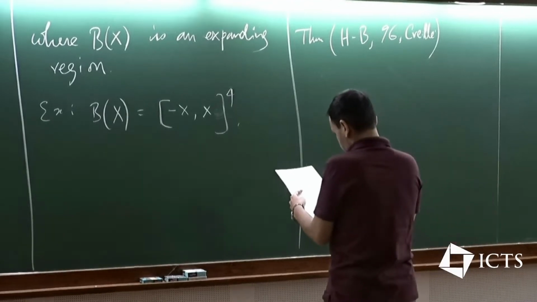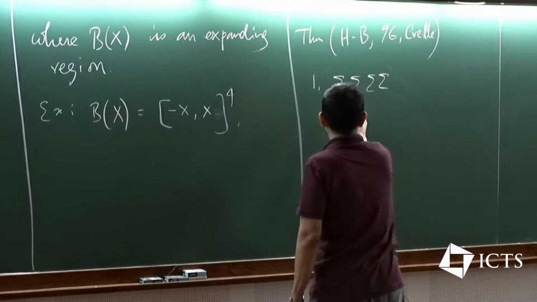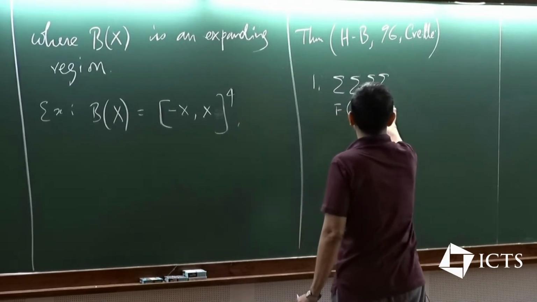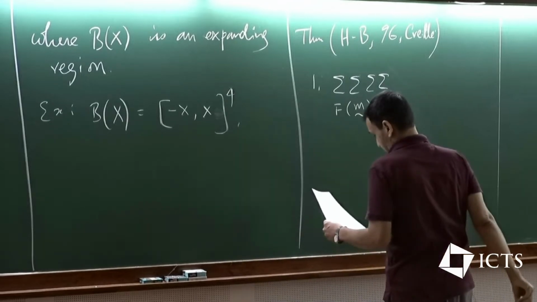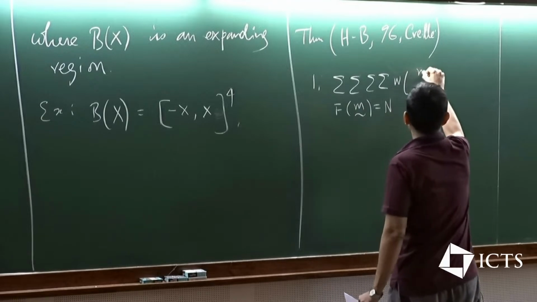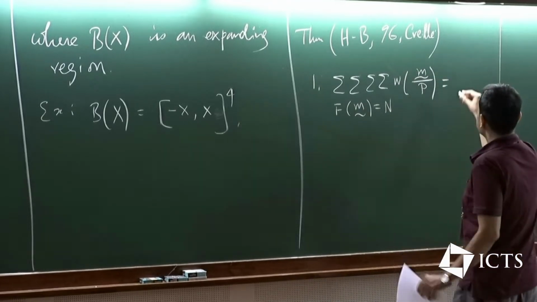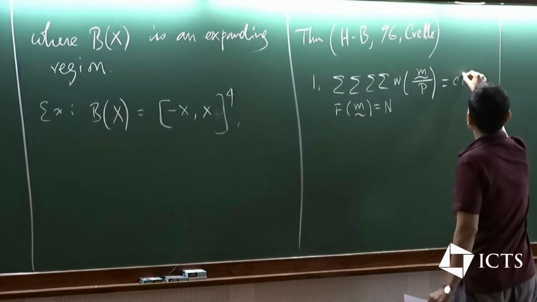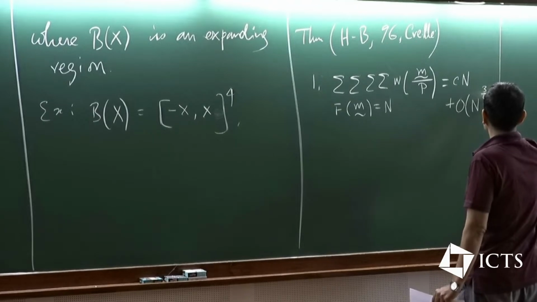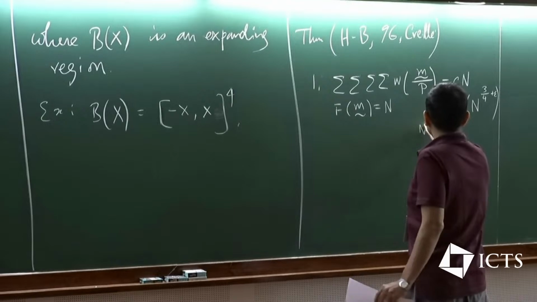So let's say f of m equal to n, and then w of m by p. This will have a main term of size n. Let me write Cn plus O of n to the power 3/4 plus epsilon. This is for n non-zero.